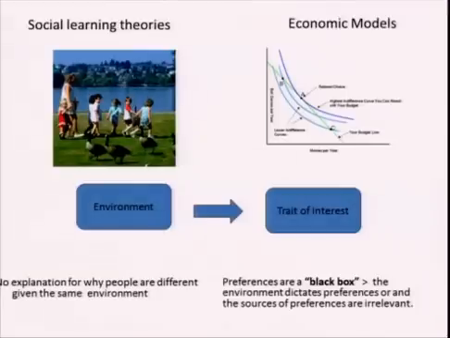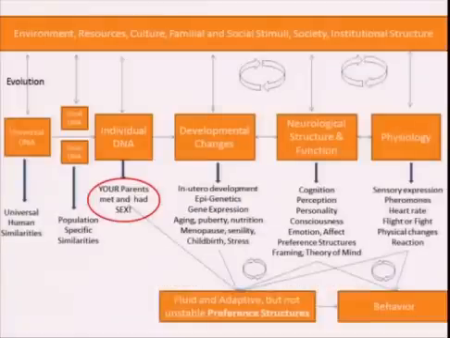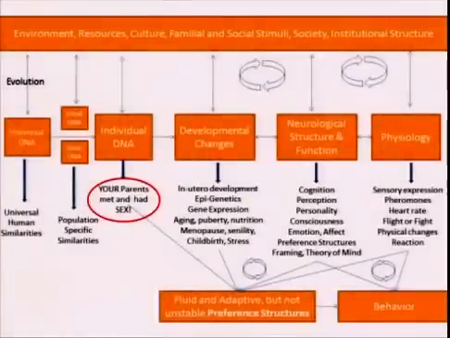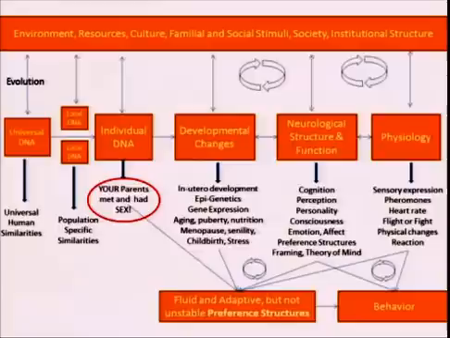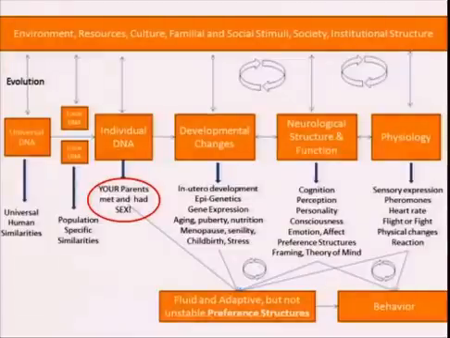And so the field had to move from social learning and rational choice theories to, and again you might recognize some of this from Lindon's work, a much broader construction of behavior, DNA being involved, development, structure and function, and of course, your parents met and had sex, which political scientists apparently had never thought about prior to these behavior genetic publications. And this became very interesting to the field.